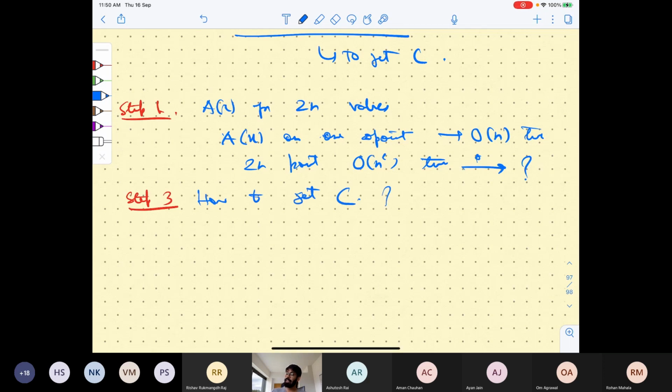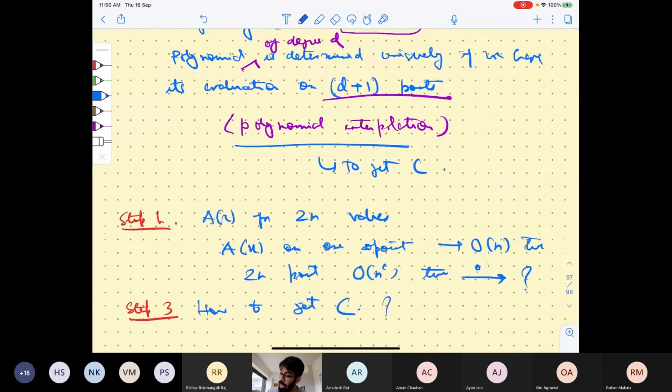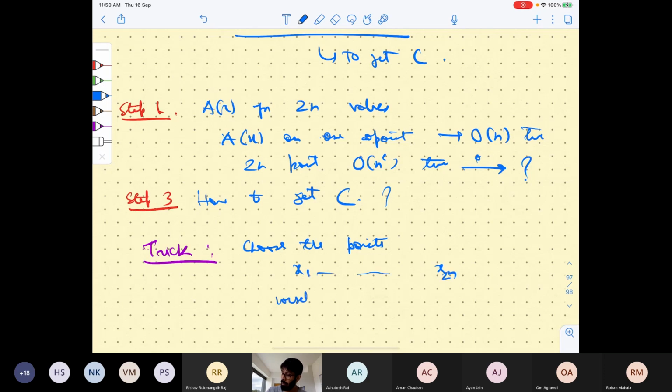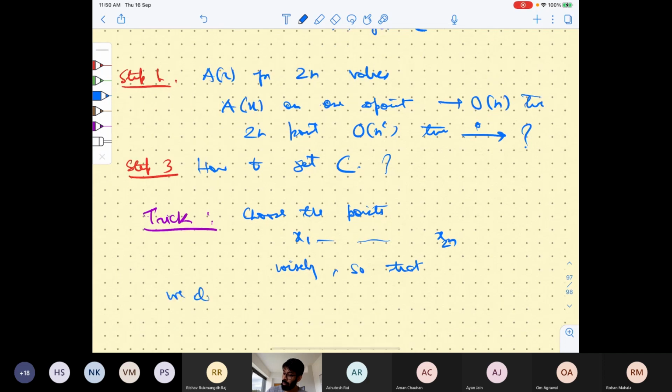Okay. So these are the things that we'll be looking at in the next lecture. And for that, the crucial thing is going to be to choose the points x1 to x2n wisely, so that we don't have to do too much effort to get A(x) and B(x).